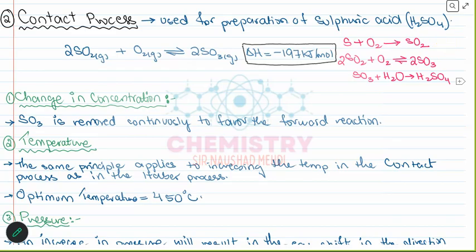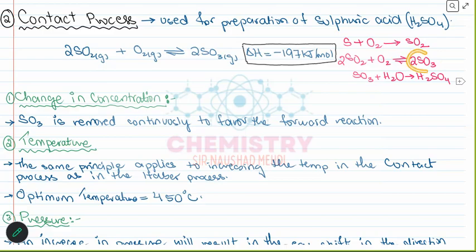In the second step, we further oxidize the sulfur dioxide gas into sulfur trioxide gas, SO3 gas. This step number two is a reversible reaction. The step number one was irreversible, but step number two is reversible. Is it clear? Yes or no?